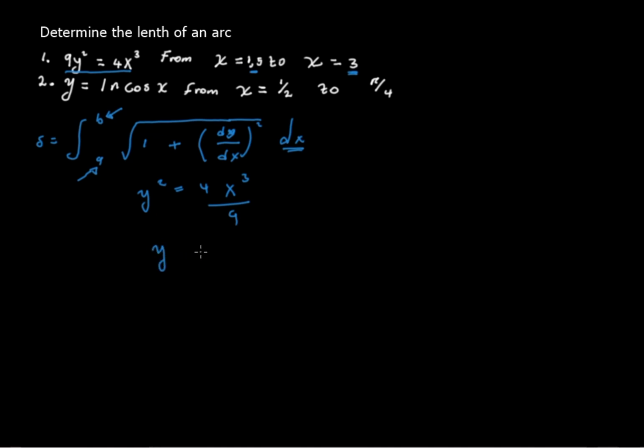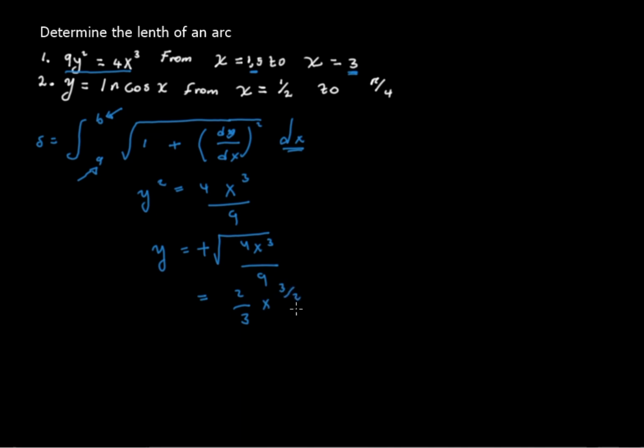So y equals the square root of 4x to the third over 9. Do not involve the negative sign here, only the positive sign. Simplifying this, you're going to get 2 over 3 x to the power of 3 over 2.